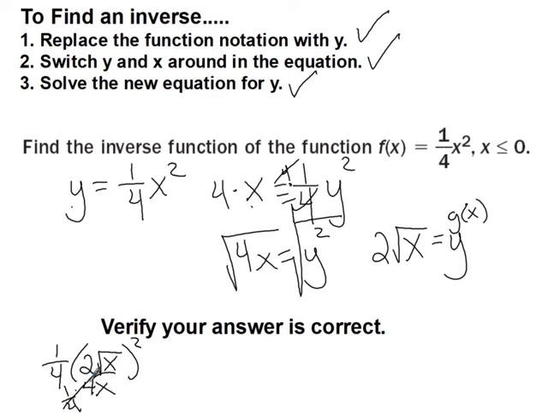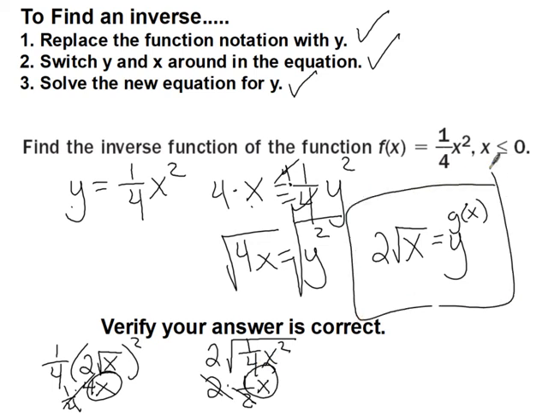The 4's cancel out, I'm left with x, so I'm good to go there. Flip it around. Now put f underneath the radical symbol. Okay, square root of 1/4 is 1/2. Square root of x squared is x. So 2 times 1/2 is 1. So there I'm left with x again. I got my inverse done correctly.